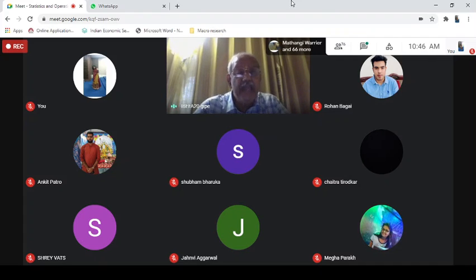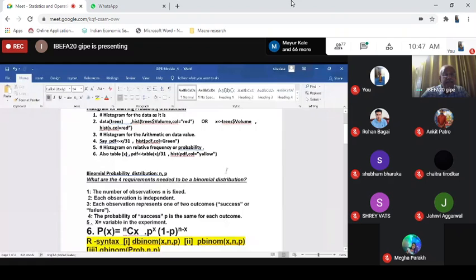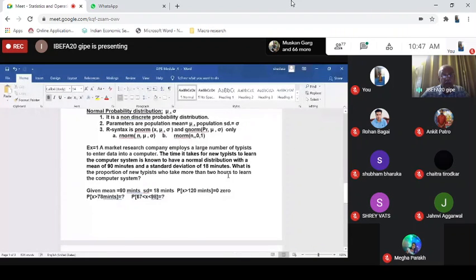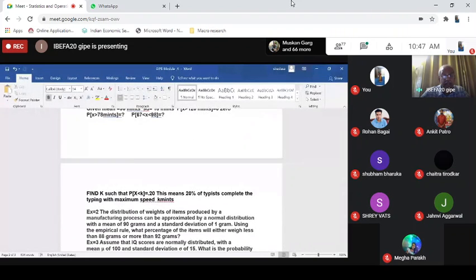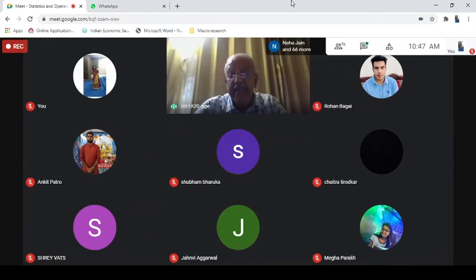In the same way, I can plot a histogram for the sample data. And a histogram is a graphical representation of X values in the sample.